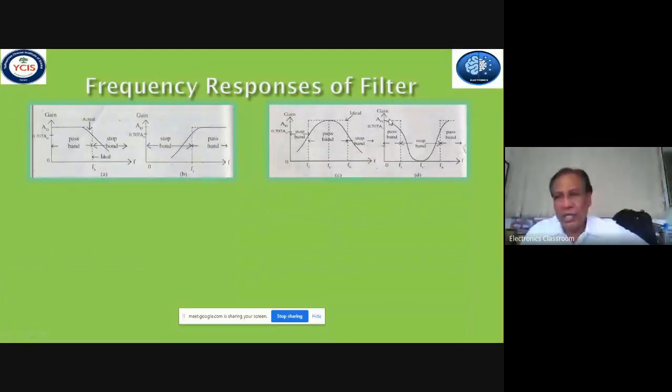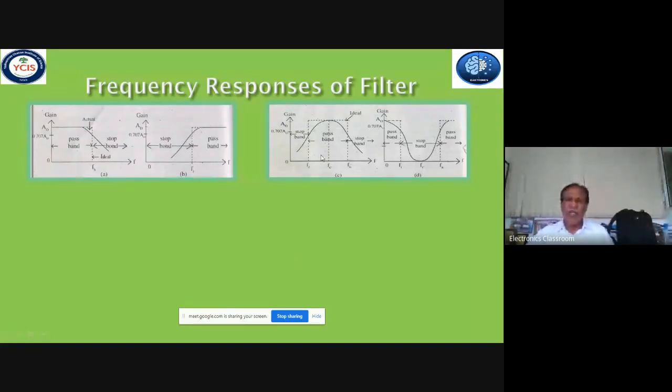This dotted line is the ideal response of the band stop filter, and the curved section, where at F equal to 0 there is a maximum, then it decreases to 0 and again increases as the frequency increases, is the practical response of the band stop filter.